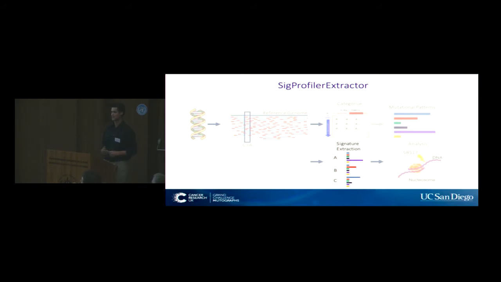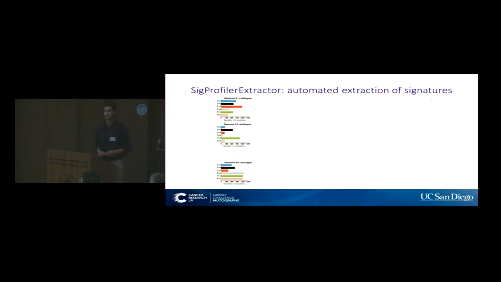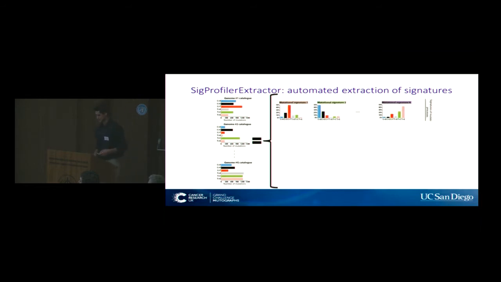So the next part of the pipeline is de novo extraction of signatures. And this part of the pipeline also provides an automated selection for a solution. Essentially, this tool will take in the mutational catalogs or the matrices generated by the matrix generator and will perform a de novo extraction of the signatures that are operating within these samples.